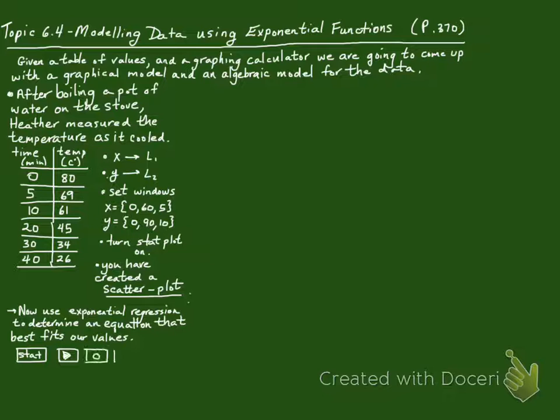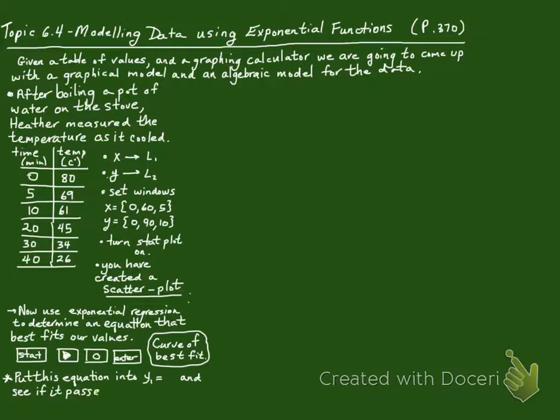And when we press stat, the right arrow, 0, and enter into our calculator, it'll give us the curve of best fit. This equation that we get, we're going to round it to 3 decimal places and put it into y1 equals. And you're going to watch as you draw it and press graph. It's going to pass through most of our points on our scatter plot.